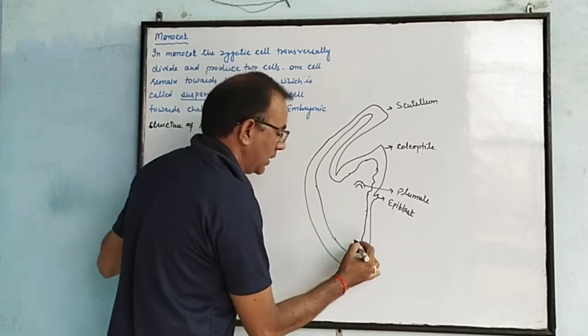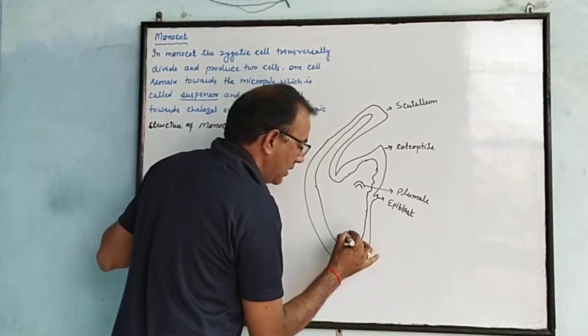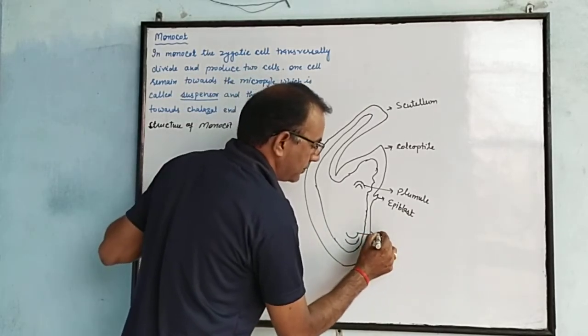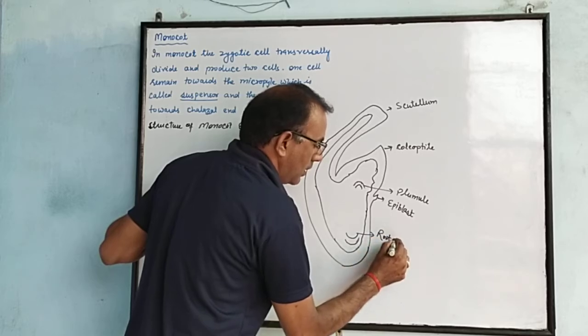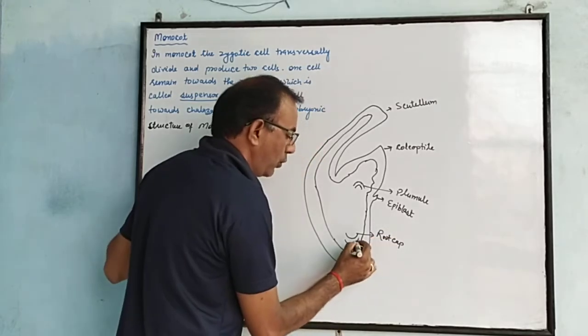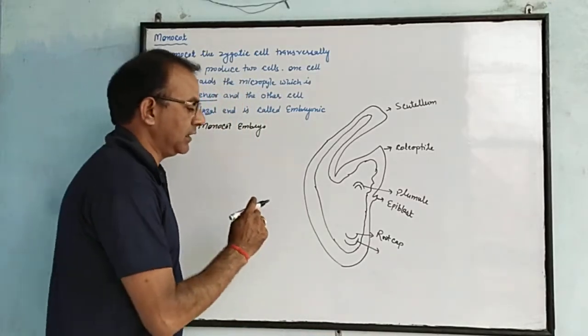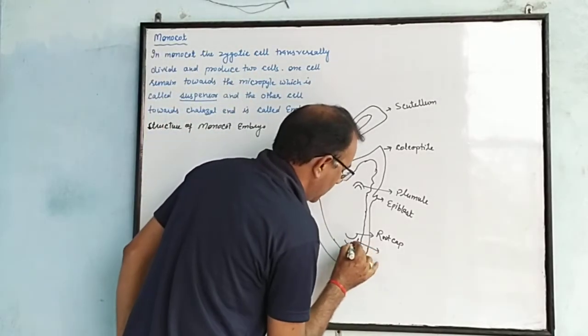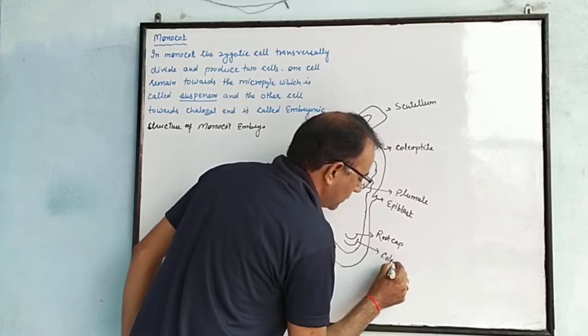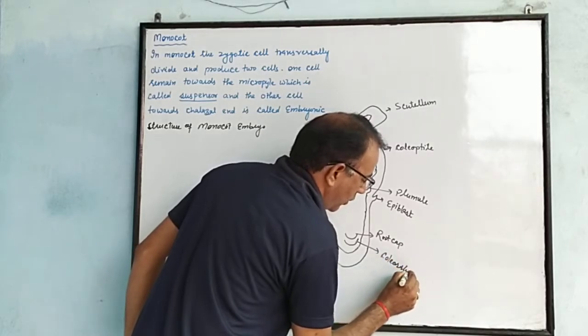And the radicle portion contains the root cap. In monocot, the root cap is covered with an undifferentiated sheath, which is known as the coleorhiza.